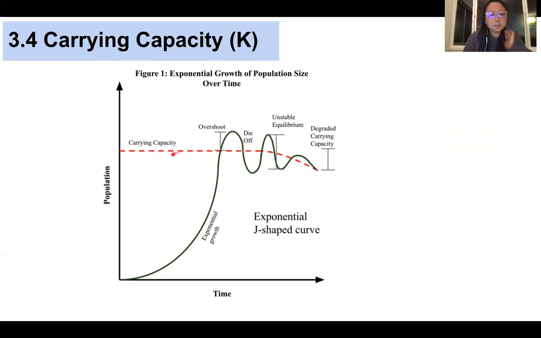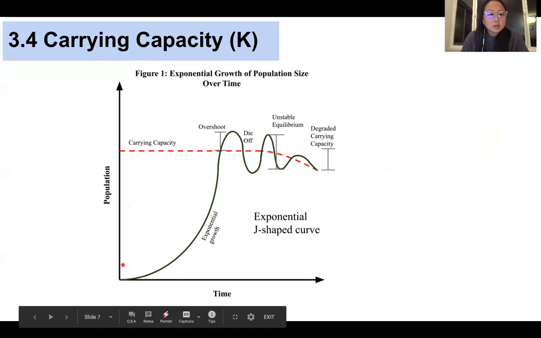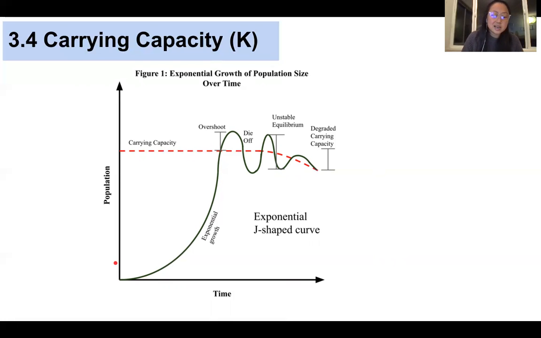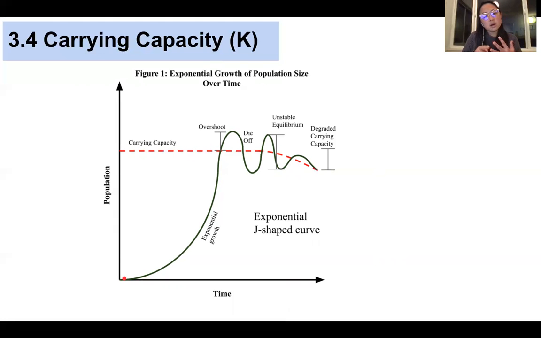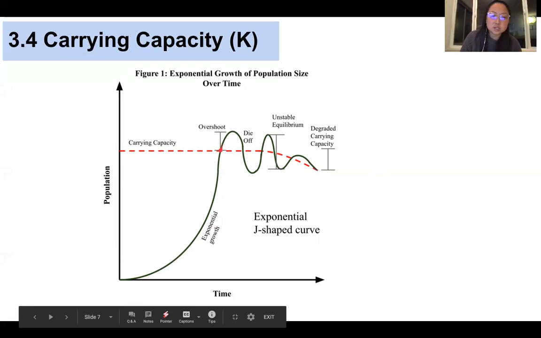Again, you have time and population on this graph. Say, for example, a bunch of ducks were introduced into this pond. There are a whole bunch of resources for these ducks: there's food, available water, and available shelter. And so the population grows exponentially.